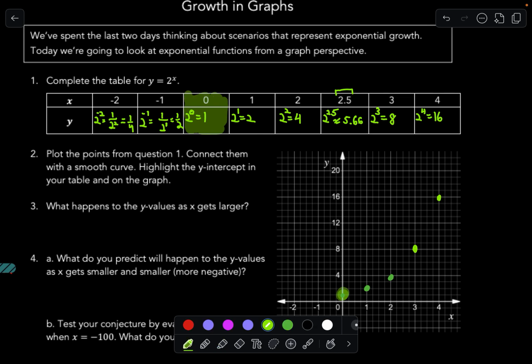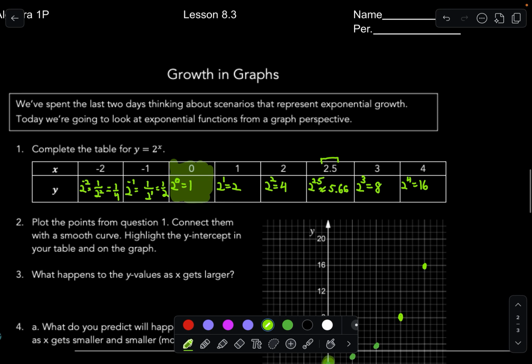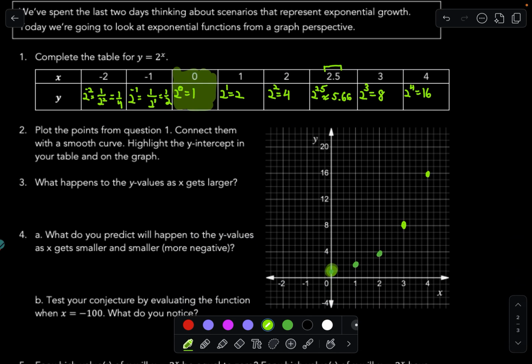So let's go ahead and plot the other two numbers. When x is negative 1, we're at 1/2. So that would be roughly right there, halfway between 0 and 1. And then we got 1/4, which is at negative 2, which is even closer. Okay, so we have a graph doing something like this.